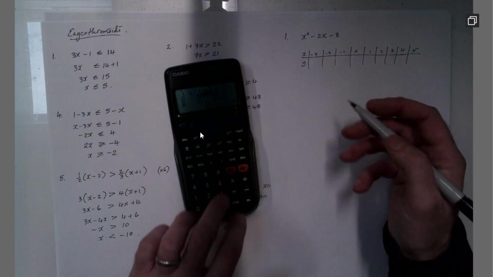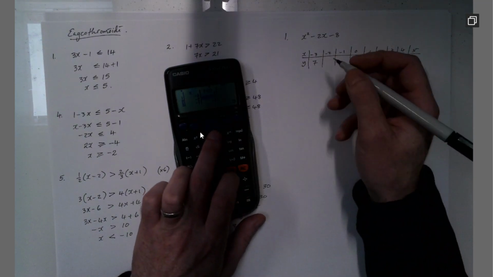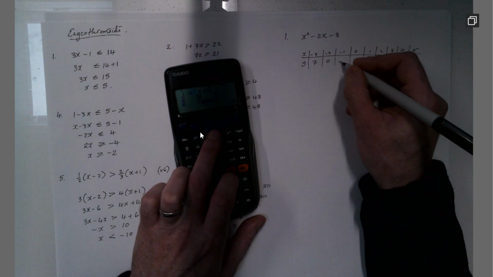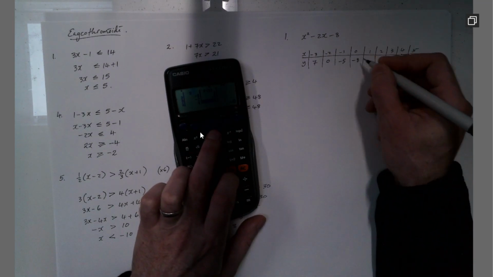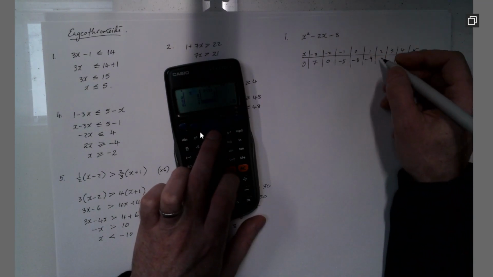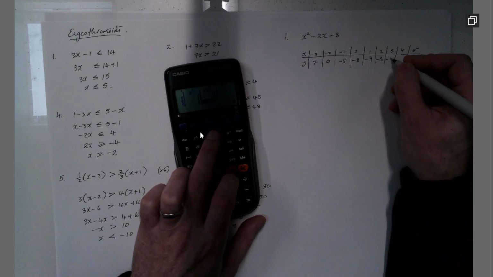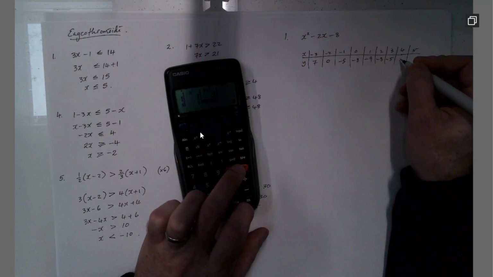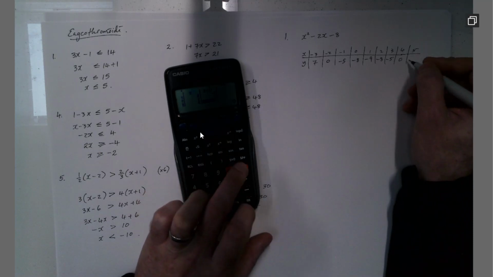So you get the figures: 7, 0, -5, -8, -9, -8, -5, 0, and 7. That couldn't be right. Anyway.